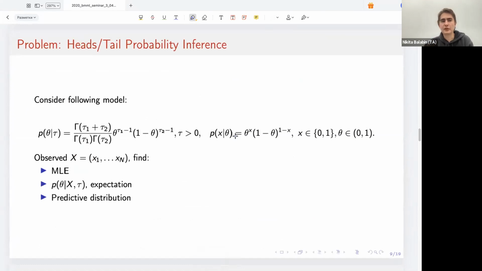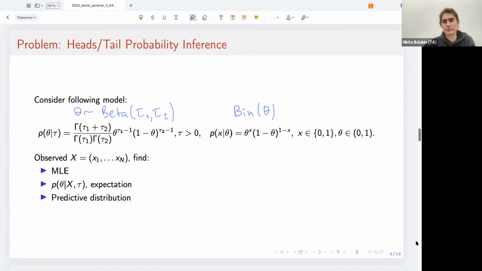Here's a new problem. Suppose we have a binomial likelihood, in this form, and we suppose that our parameter has a prior distribution as a beta distribution.